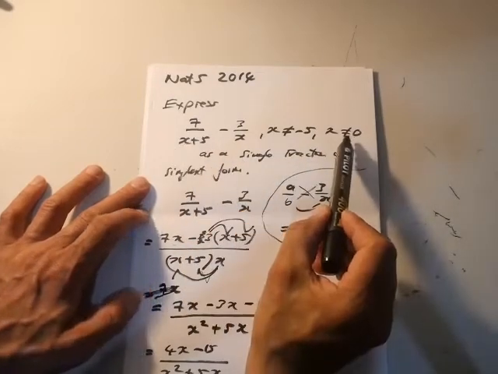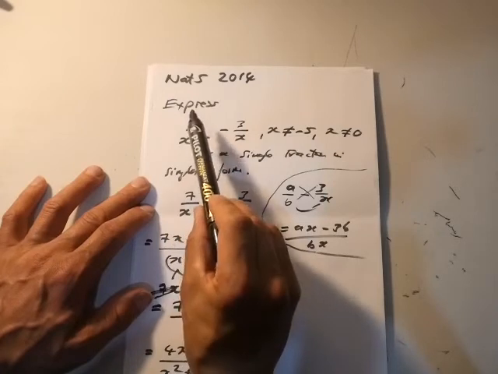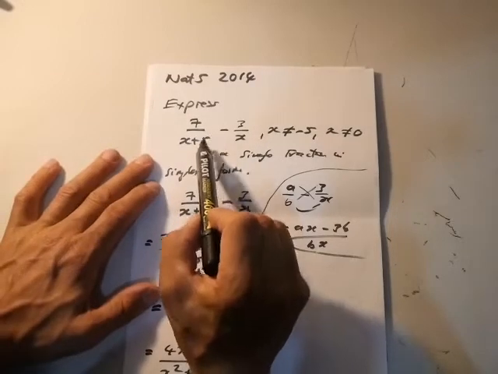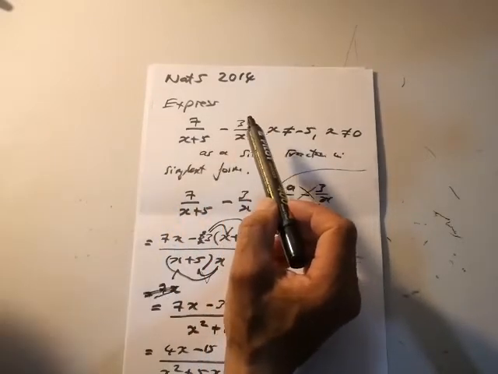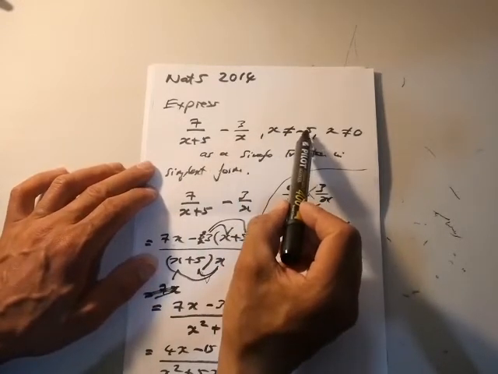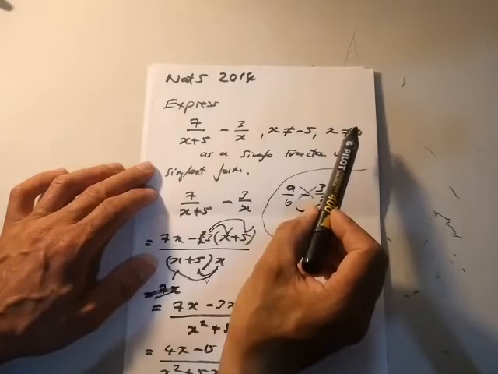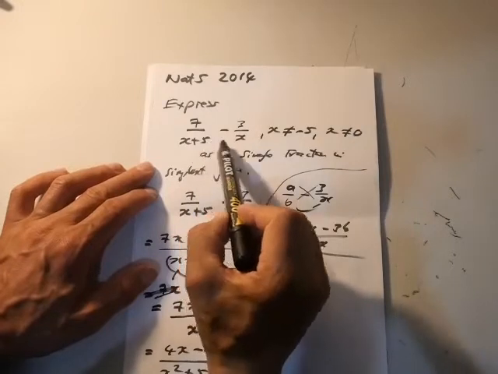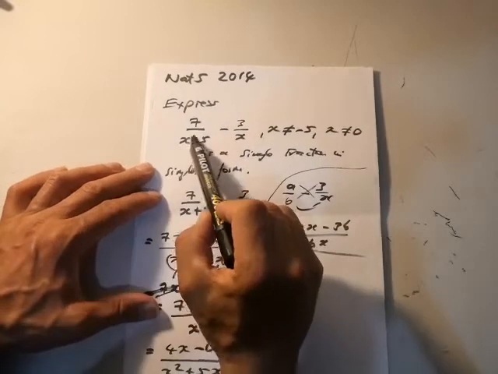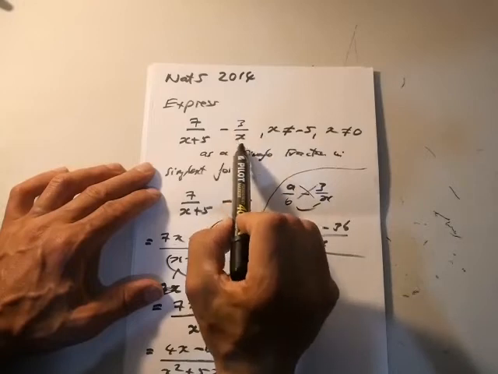x is 0 in the bottom. If you put x is 0 here, you simply get 7 divided by 5, 7/5, minus infinity, which has no meaning. If you put x is minus 5 here, this becomes 0, but that becomes basically infinity minus infinity plus 3/5, okay?